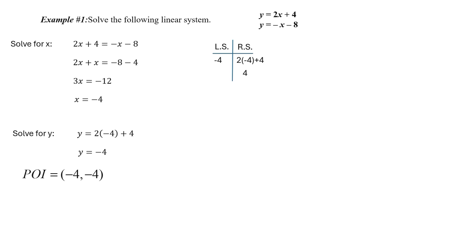Then for the other equation, y equals -x minus 8, again, we plug in our values and check to make sure that the left side equals the right side. Our y is -4. Our right side is minus -4 minus 8, which also equals -4, thereby giving us a state of equality.